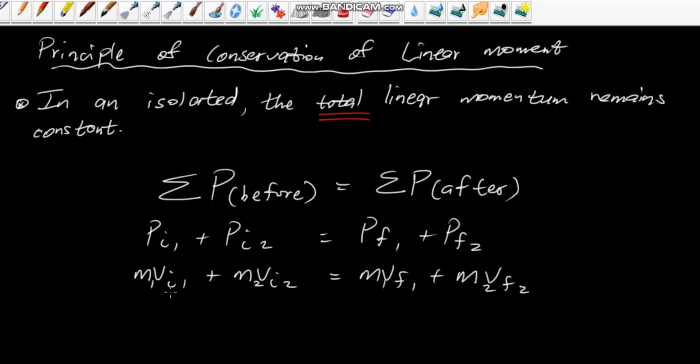Now as these objects move, they have what is called kinetic energy, the energy an object has due to its motion.